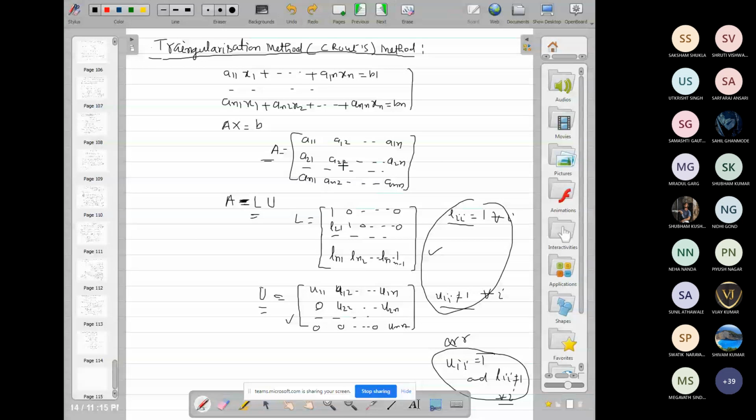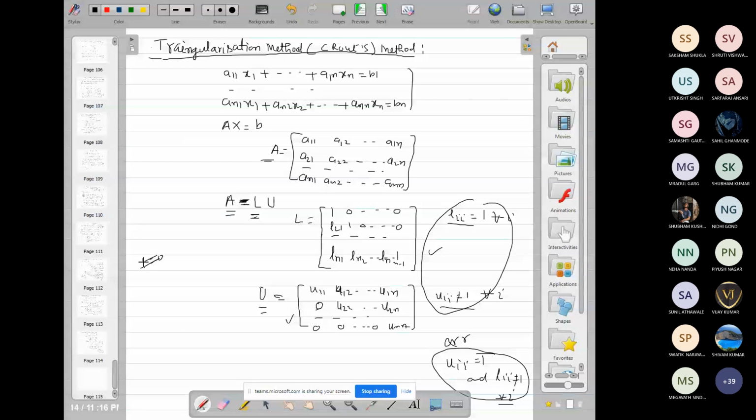In that case, we are not able to express the matrix A as the product of lower and upper triangular matrices. If we apply this method without checking this, then after solving we obtain an absurd result like 1 is equal to 0, or division by 0.